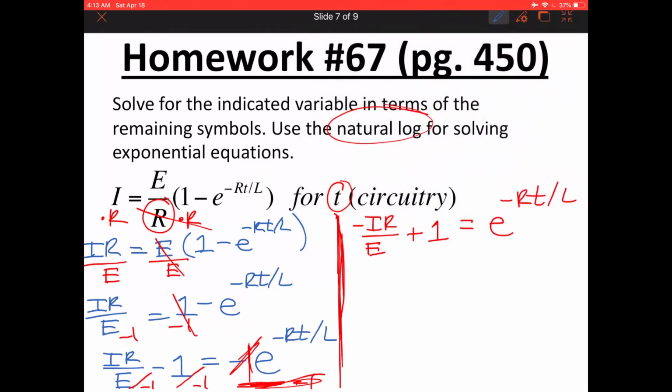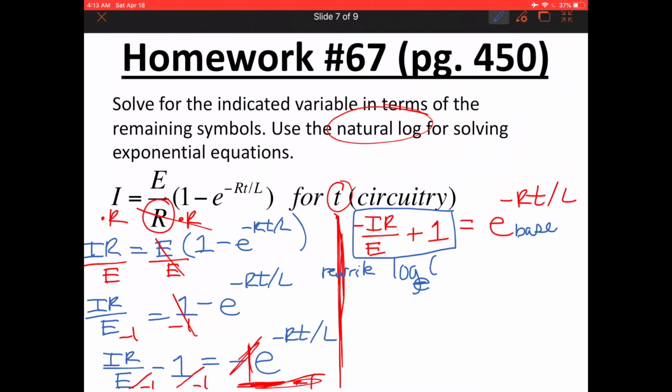Okay? From here, now I'm going to rewrite in logarithmic form. Okay? So I'm going to take log. Remember, the base of my exponent becomes the base of my log. So log base e. Whatever is on this side of the equal sign is what I'm taking the log of.